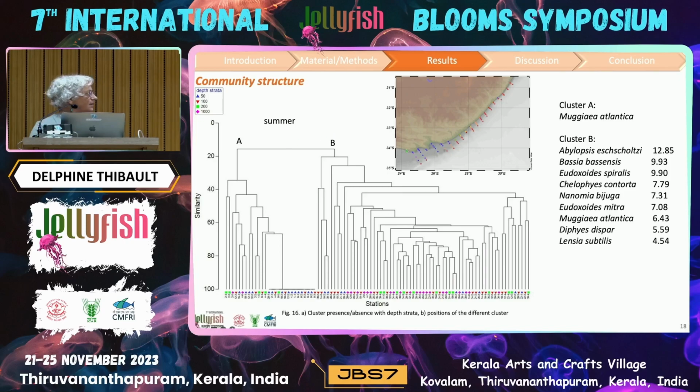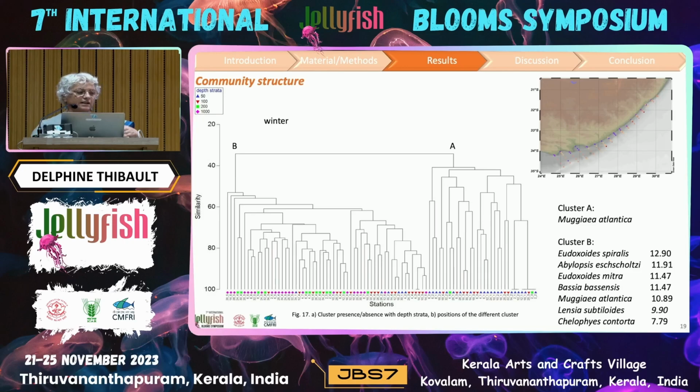And I tried to superpose that cluster over the map, and it's all those dark dots. And the rest of the population grouped together and was following more nicely the main core of the Agulhas current. So that was in summer.